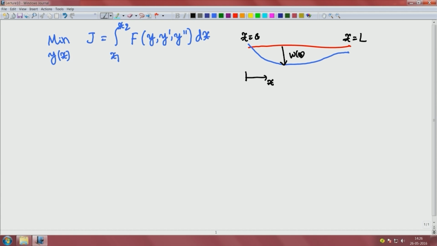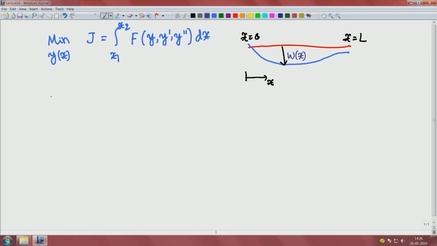We want to find this function w of x. That is the unknown.